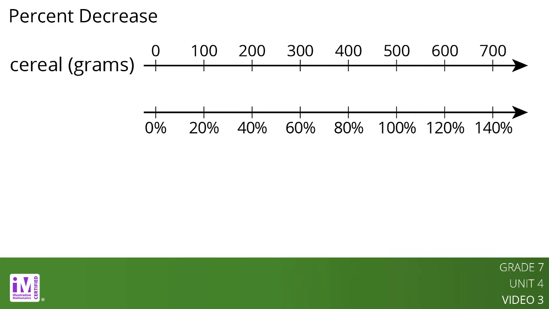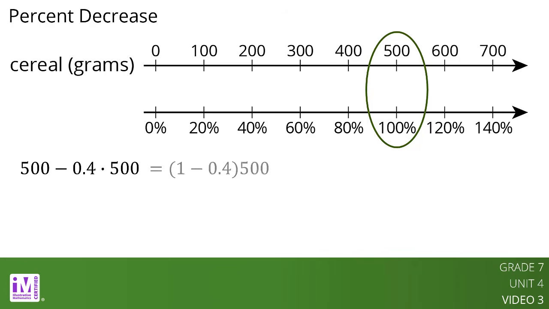We can also use a double number line diagram to show information about percent decrease. If the initial amount of 500 grams is decreased by 40%, we can find how much cereal there is by subtracting 40% of the 500 grams. 500 minus 0.4 multiplied by 500 equals 0.6 multiplied by 500, which equals 300.